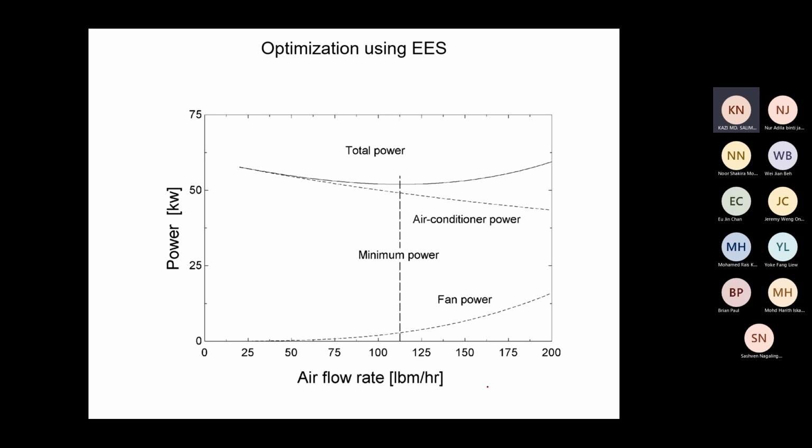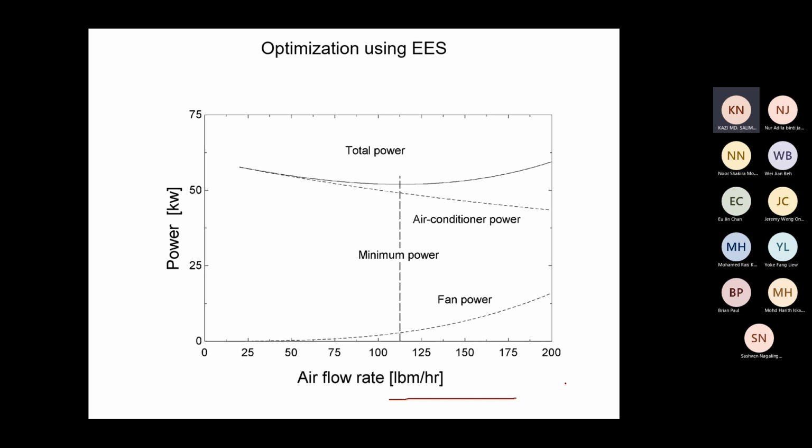So we get to this, the optimization of power in kilowatts and air flow rate. Now you see there are many diagrams like this. ASHRAE uses this FPS system, so they use pound mass per hour.